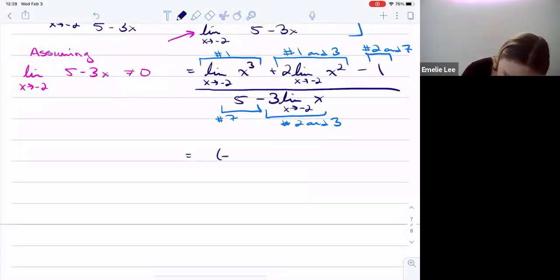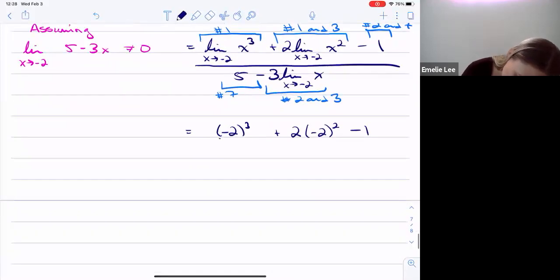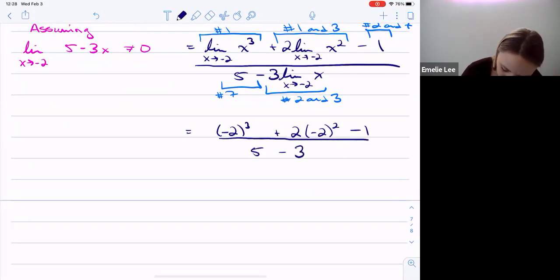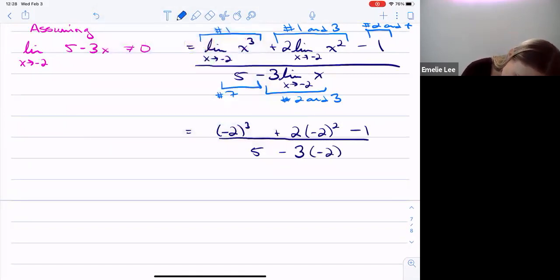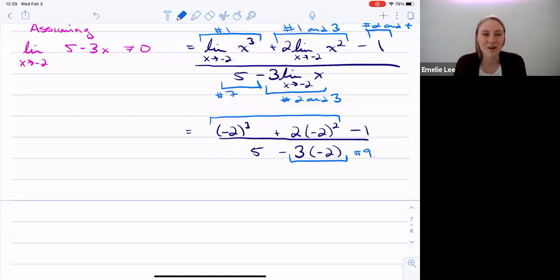So this becomes -2 to the power of 3 plus 2 times -2 squared minus 1 divided by 5 minus 3 times -2. Number 9. Using that same law for all of these. I think it's number 9. Okay.